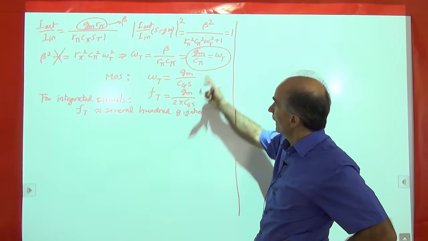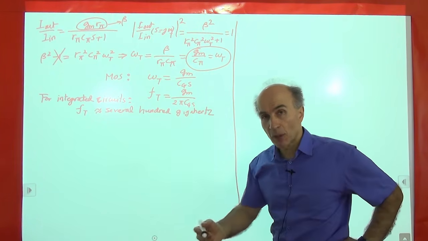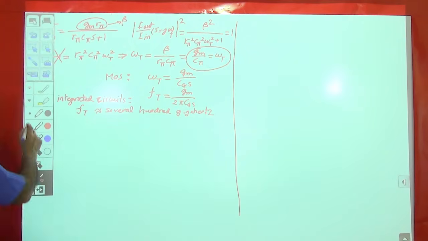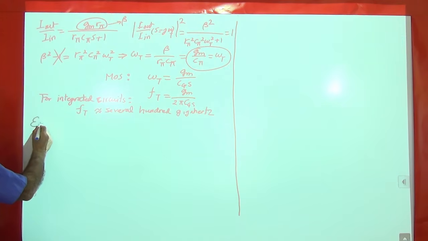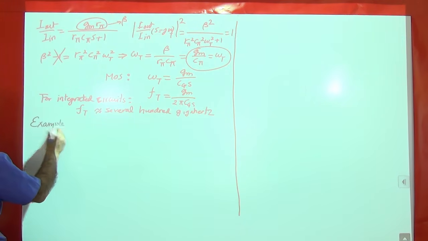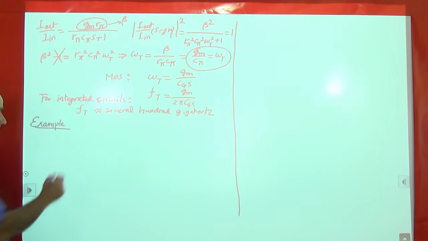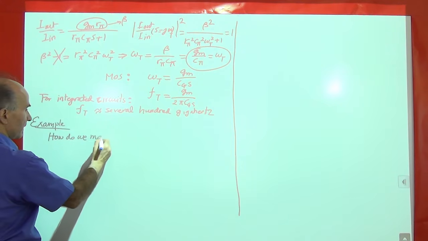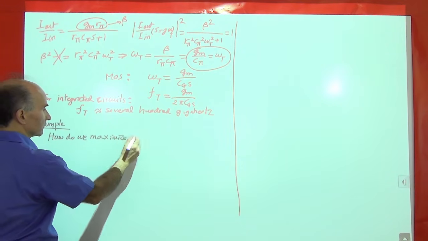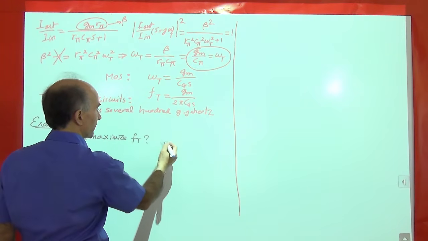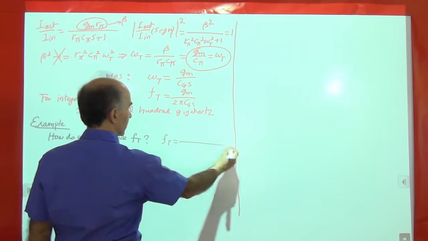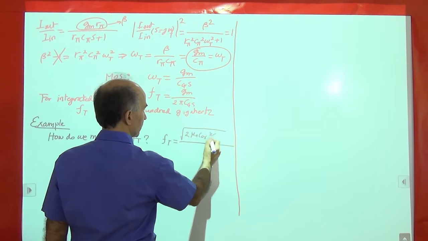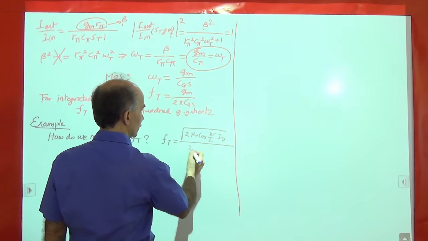These equations also help us decide how we can maximize the Ft of a device. So let's talk about that example. Let's see, how do we maximize Ft? Well, for a MOS device, I'm going to write it like this: square root of 2 mu n C ox W over L ID, over 2 pi CGS.